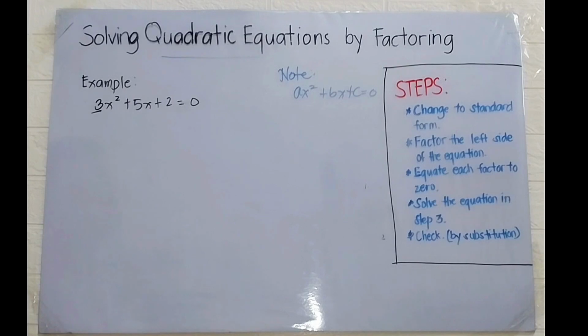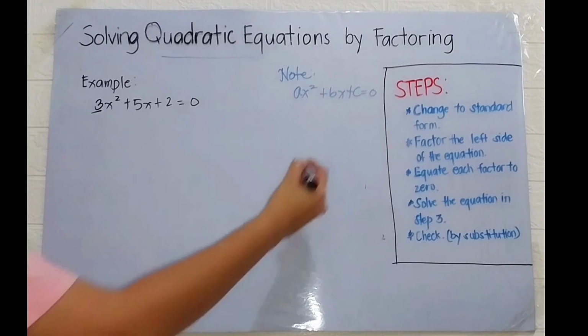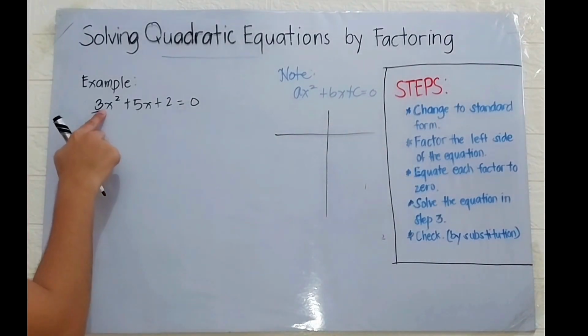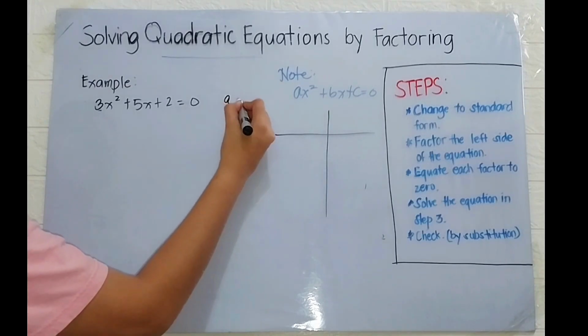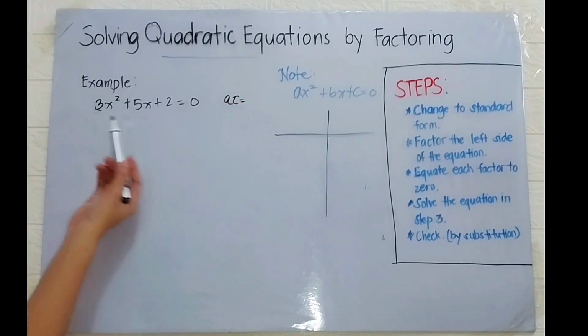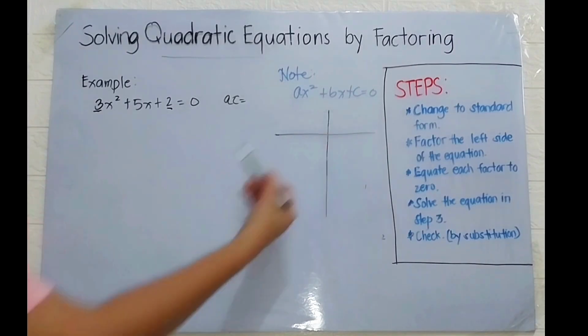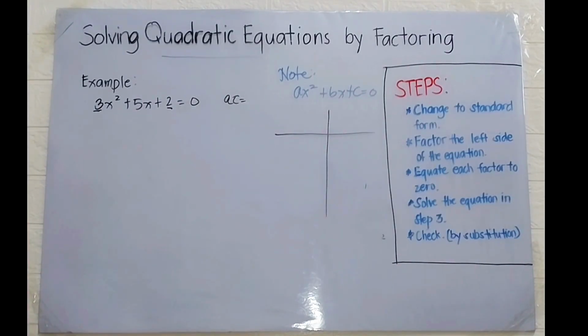I will also show you how to factor if the value of a is greater than 1. Okay? So, let's make a table again like earlier. In the table, first you need to find the AC. What is AC? Our A is 3, our C is 2, based on our standard form.